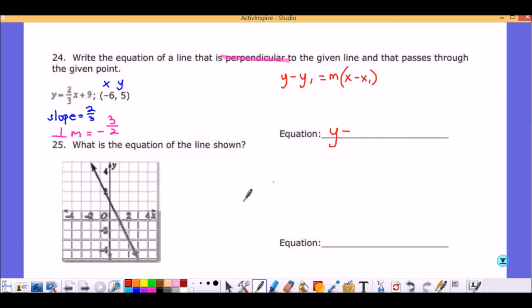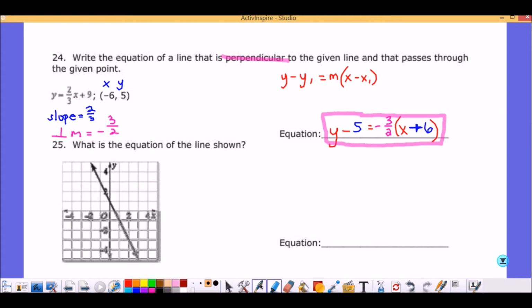Y minus y1, which is 5, and then equals my slope, which is -3/2 times the quantity of x minus, now careful here, my x is -6, so remember we don't write it like this in high school, we make it a big plus sign. So my final equation is y minus 5 equals -3/2 times the quantity of x plus 6.